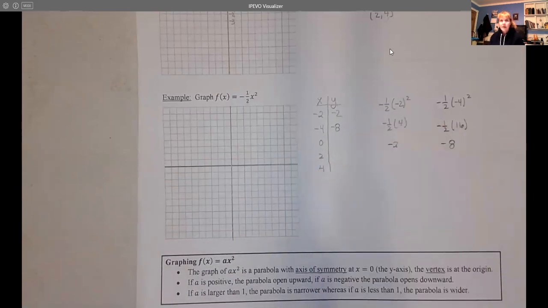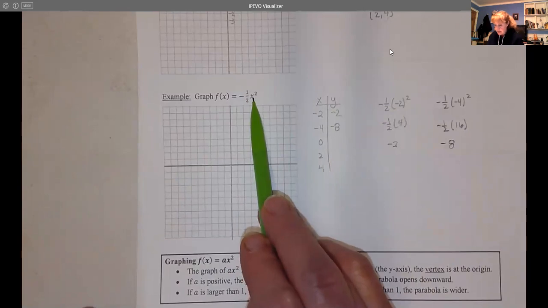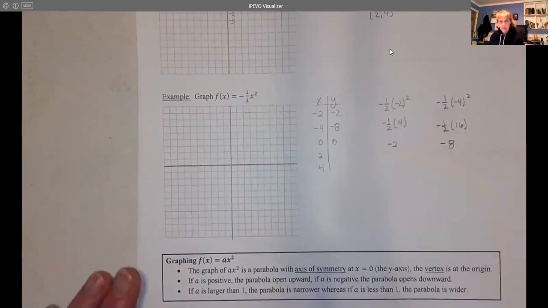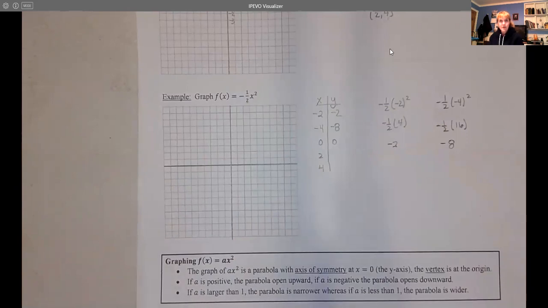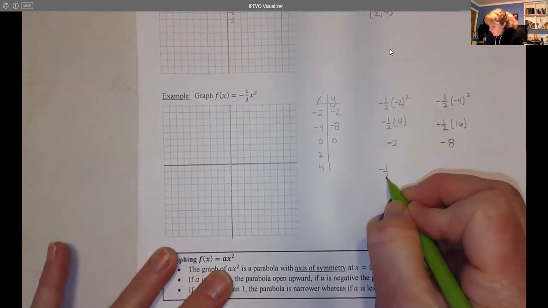Perfect. Let's put in 0. 0 is a nice number to work with. If you put in 0 and square it, you get 0. 0 times the number is 0. Let's put in a +2 rather than a -2. Is it going to change if I put in a +2 rather than the -2? Well, you should know that.